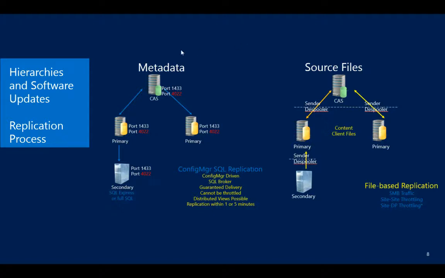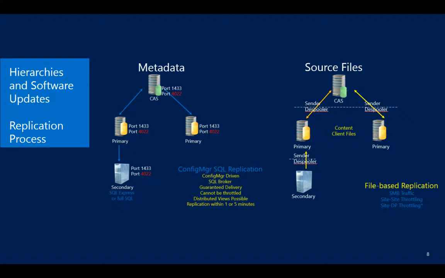But within a hierarchy, whenever you create software updates at the top level, the metadata is actually replicated down through ConfigMgr SQL replication, but there's some processing that happens within the site that has to take place to kind of prepare the software update data that you've configured and get all the pieces in place. Okay, so the insertion of the data, the work that you're doing in the console, actually causes information to be inserted into the database. That insertion into the database triggers some further action within a site.